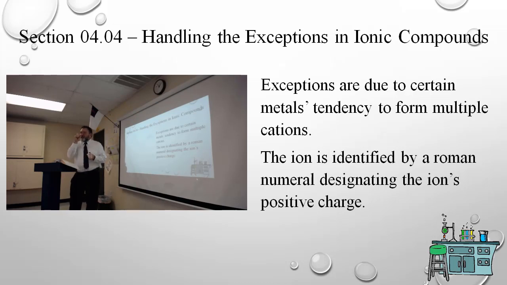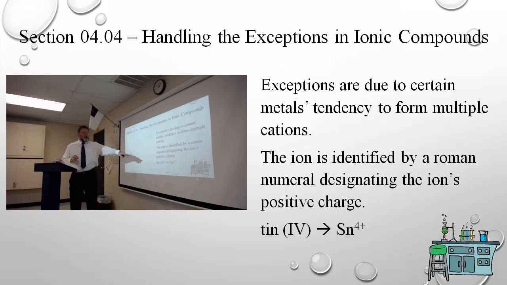It's count the sticks, except for the one that has IV. Like my name, I'm a 3rd, my son is a 4th, and so my nickname for him is Ivy. So we're going to designate when something has an exceptional charge by putting a Roman numeral after it, and that's going to tell you what its charge is.